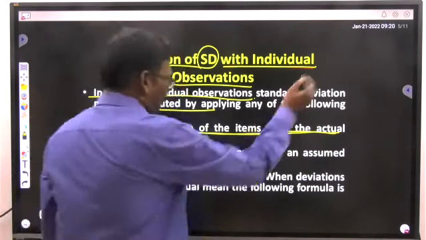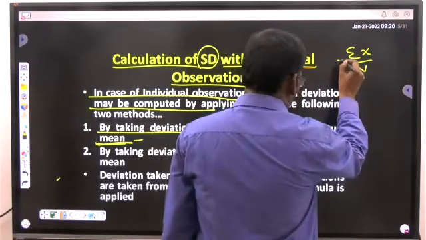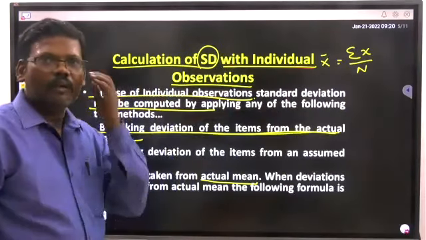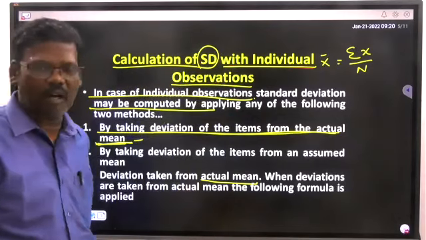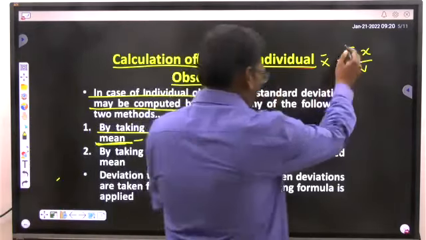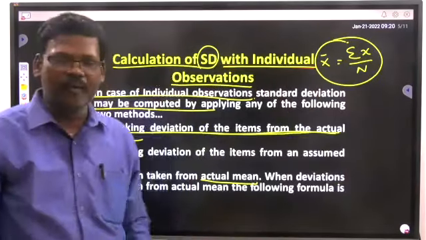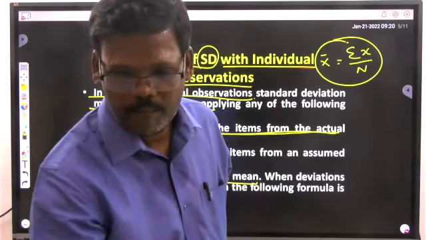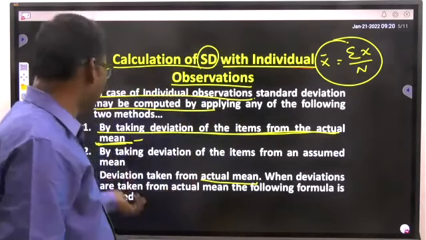We have one formula, sigma x by n, which is known as x bar. By calculating this sigma x by n, we get one value, which is the actual mean.